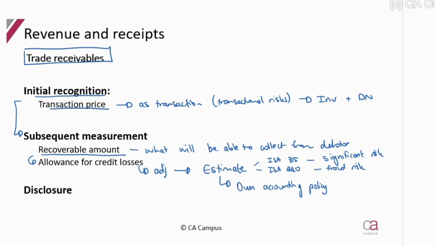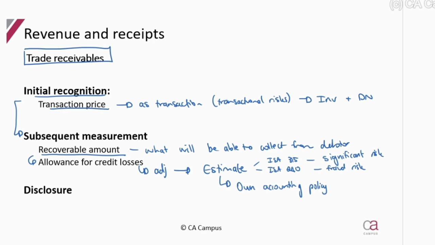Right, so now when I'm looking at debtors and the balance itself, I'm going to have to first initially test that it was recorded correctly and then focus on that subsequent measurement, which is that allowance. Have they adjusted that? How do I test around that estimate?